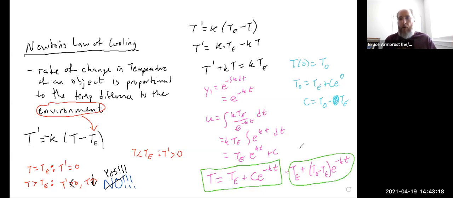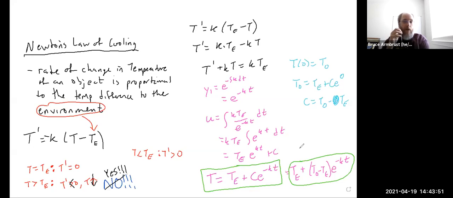That's the formula for the temperature of any object. So if you know the environmental temperature, it's TE. You know its initial temperature, T naught. The K, that's just going to come from the thermodynamic properties of the object. If it's something that allows for quick heat transfer, then that K is going to be big.